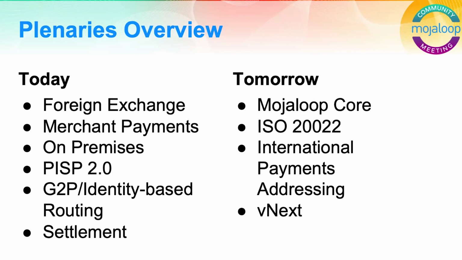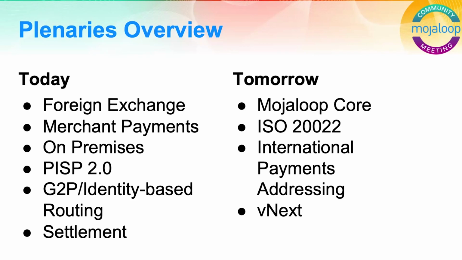Next is vNext. We have been for a long time working on the vNow code base, as we call it, our existing code base. In parallel for the last 2-3 years, we've been looking at optimizations and developing the vNext code base, and work proceeds on that. We've just reached beta status for the vNext code base.